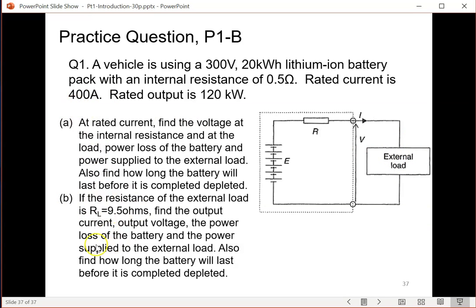In the second one, I'm asking you to work out the current from the resistance, and work out the input and the voltage drop of the resistor, the output voltage, and power and energy, and how long the battery will last in each of the cases. It's a fairly simple practice, but it will be very useful for your study. Okay, thank you.